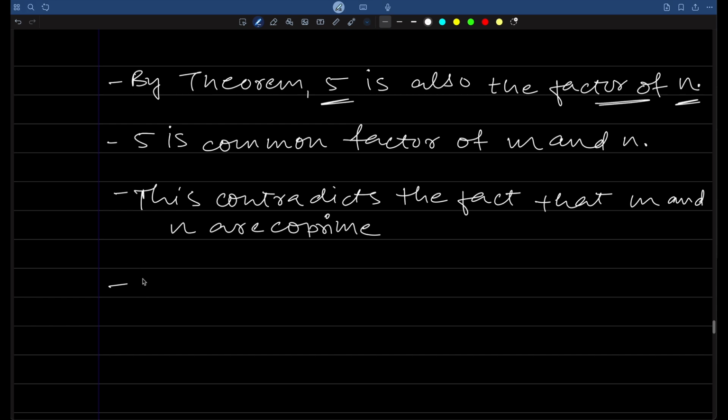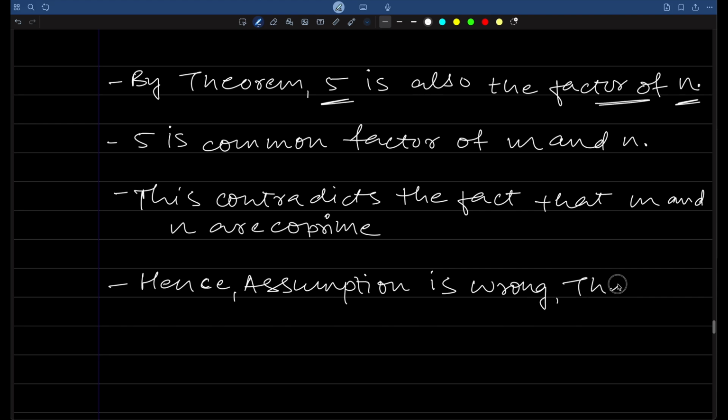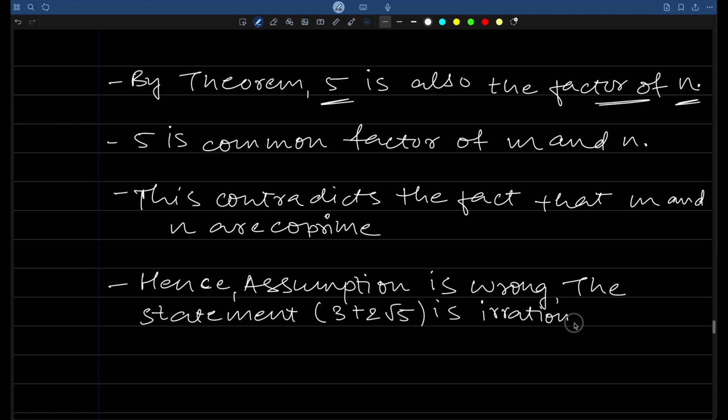Hence, our assumption is wrong, and the statement that 3 plus 2 root 5 is irrational is true.